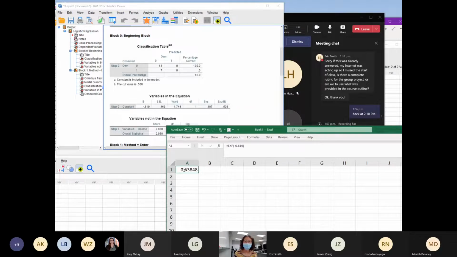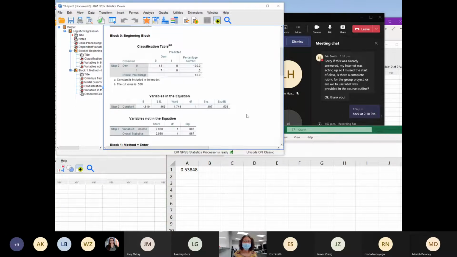So that is the EXP, exponential function.